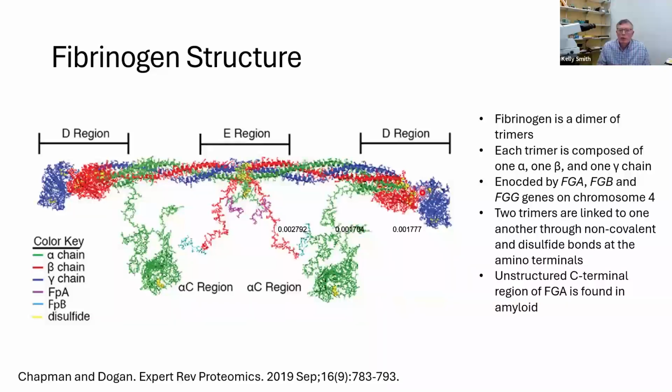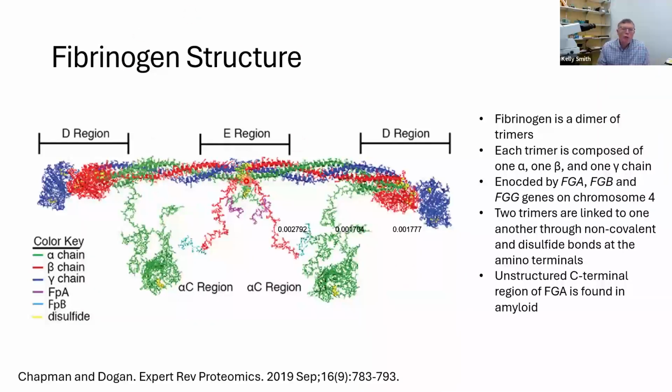And the C-terminal regions of the alpha and beta are located here in this D region. And then there's an unstructured portion of the fibrinogen A, or fibrinogen alpha chain, that's present here, sort of hanging off in the breeze. This is actually where the amyloid mutations are found, in this region here.